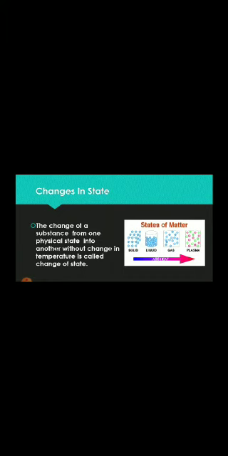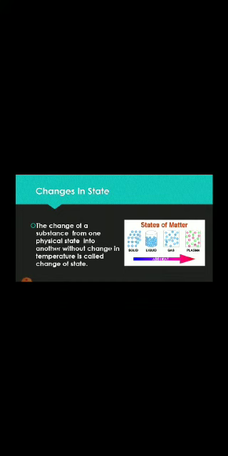Here, students, why is it given that it is without change in temperature? Whenever we are giving heat energy to any solid substance, what happens? I already told you that whenever that solid is getting heated, after some time if we give more and more heat energy, that solid will convert into a liquid.